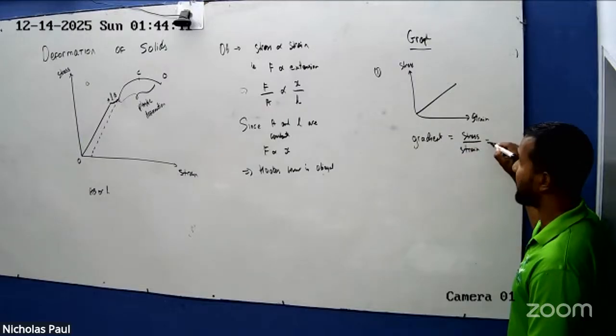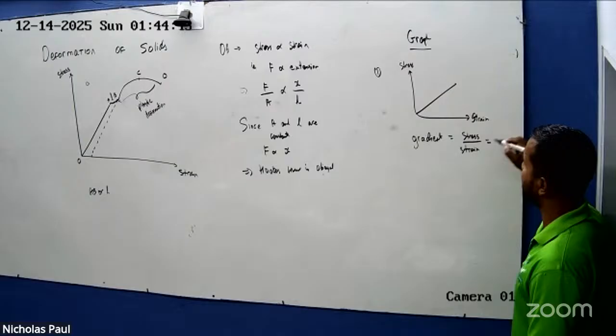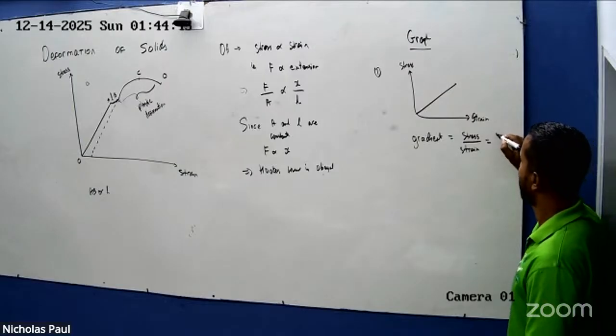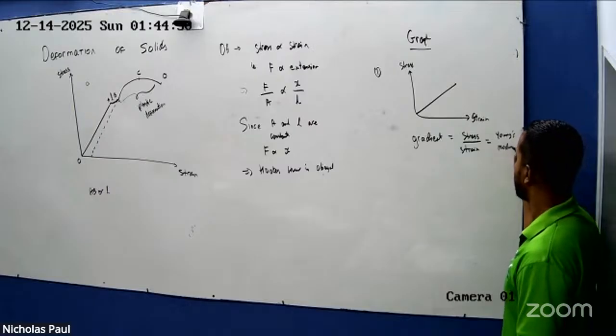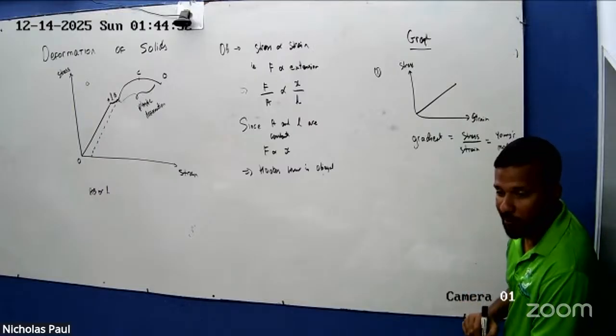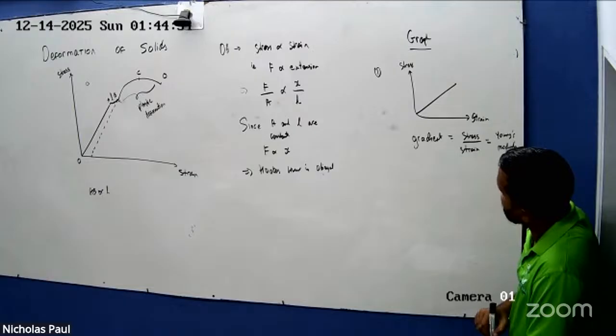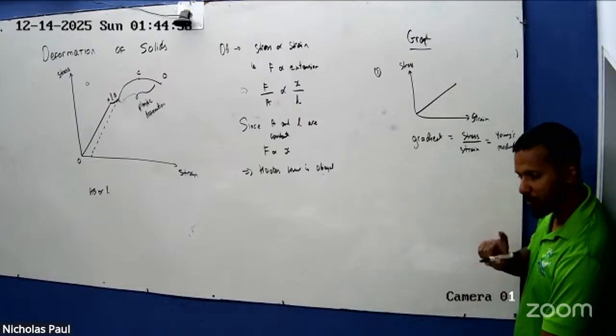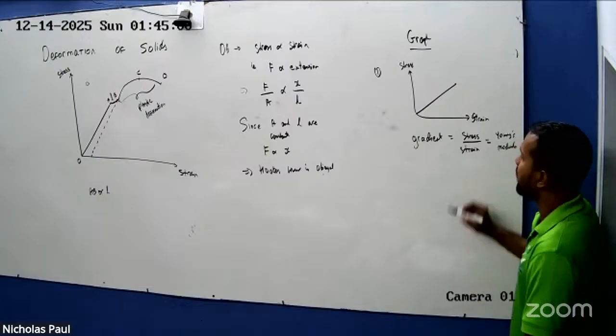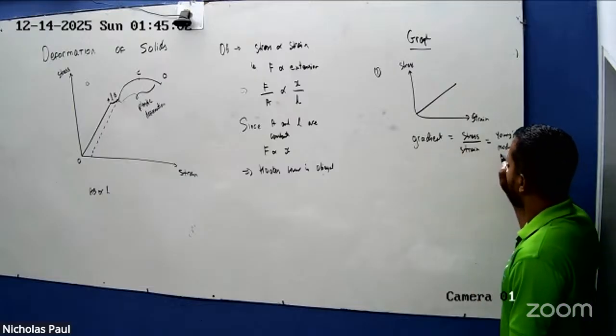You could say pressure, but not in this case. It's a similar unit, but not the same thing. So the gradient is Young's modulus.